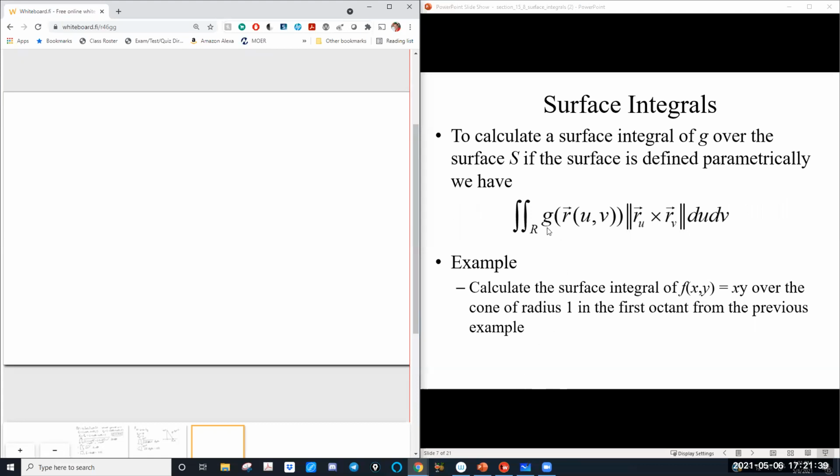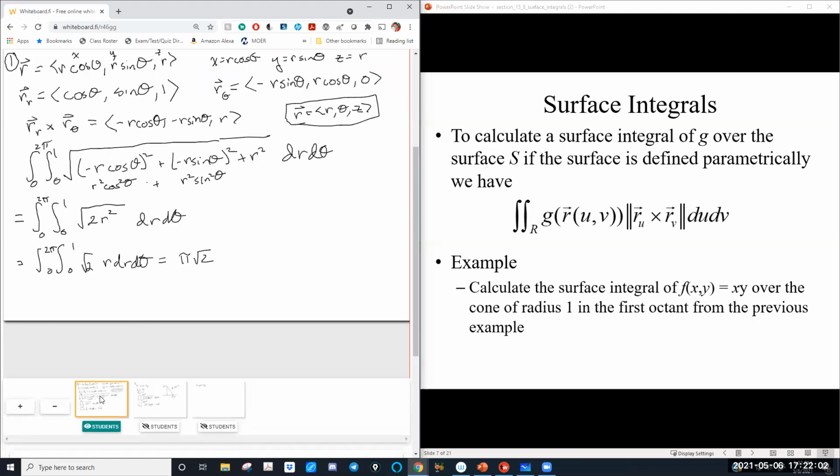Basically, what happens is we add the function onto our surface integral. So now if I wanted to calculate the surface integral of f(x,y) = xy over our previous surface.